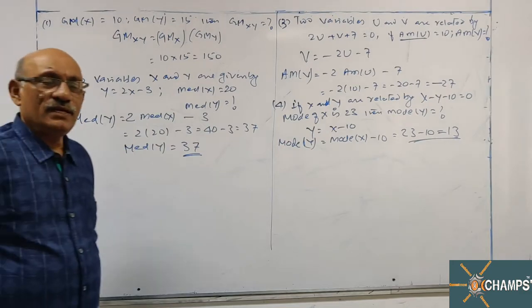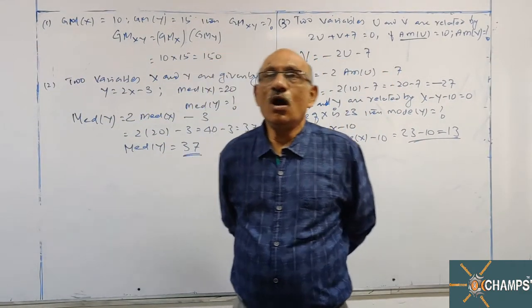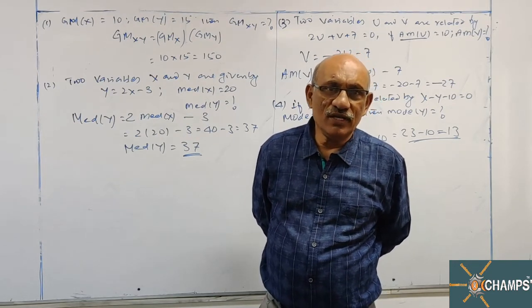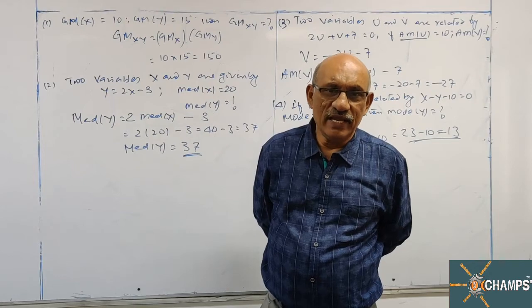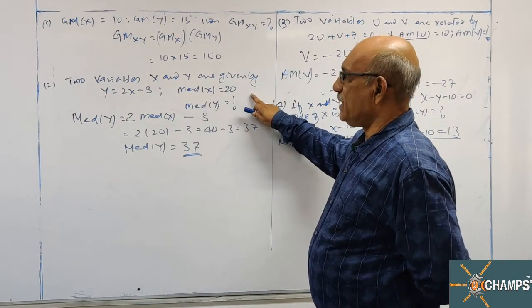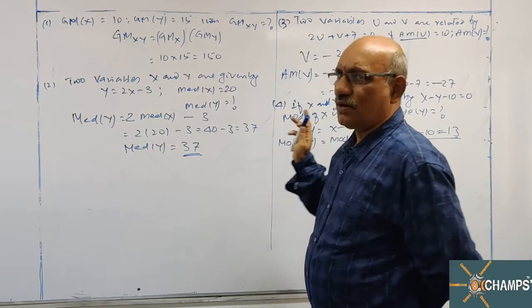So arithmetic mean, median and mode, all these three are dependent on change of origin as well as scale. So three problems we have: one for median, another for mean, the third for mode.